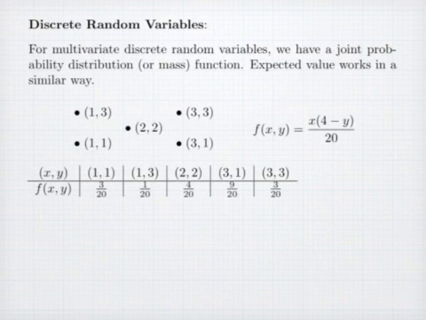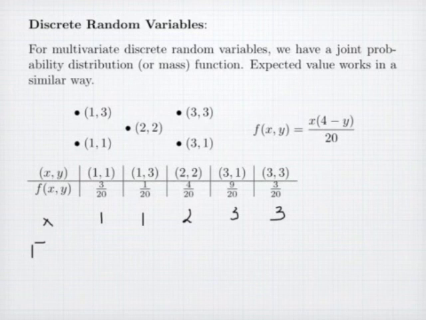So for example, if I'm interested in the function x, then for each of the 5 points, I can calculate the value of x. It's 1 for the first 2 points, 2 for the third point, and 3 for the last 2 points.